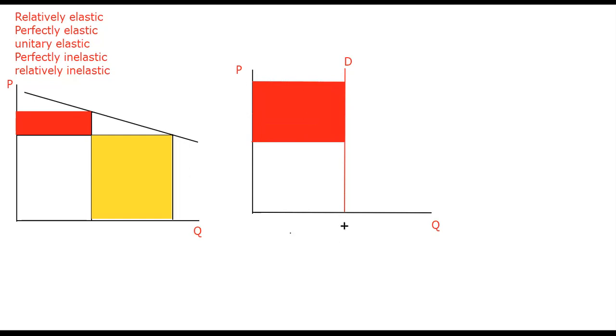Quantity demand continues to be 20. So now let me ask then: if the price decreases from 50 to 35, the quantity demand remains the same. Yes, even if it's perfectly inelastic, quantity demand remains the same.